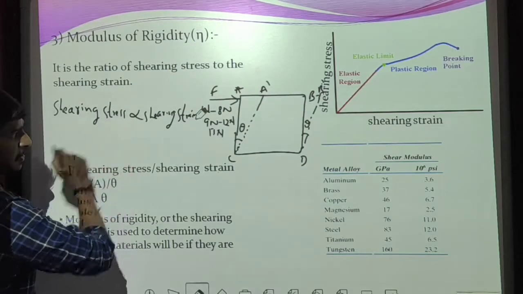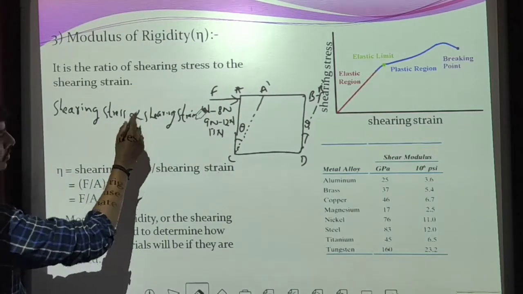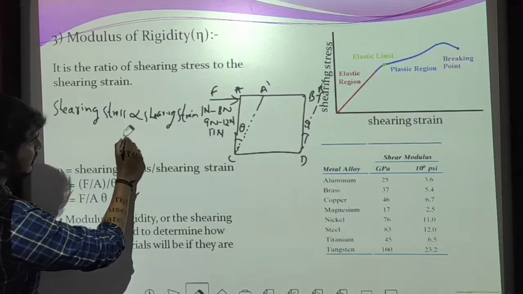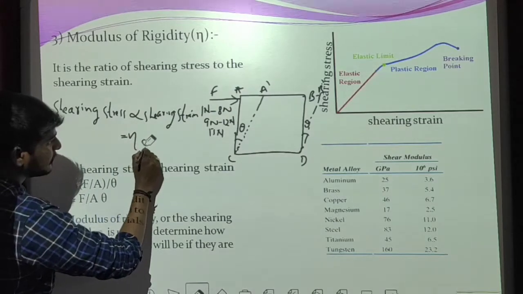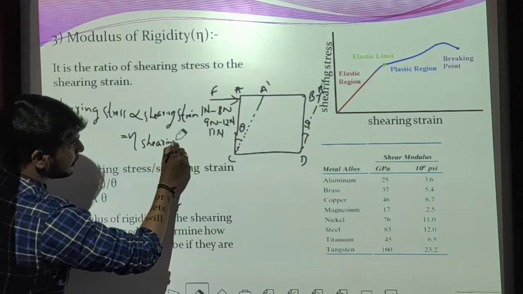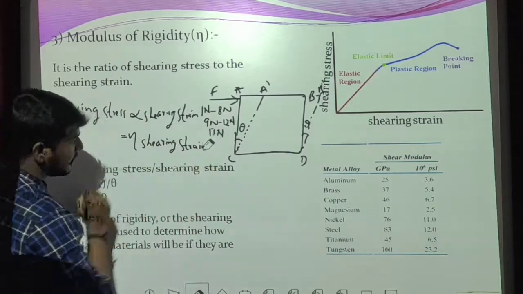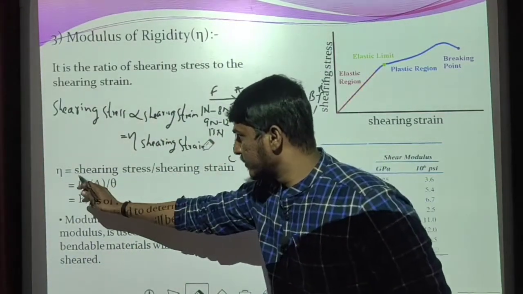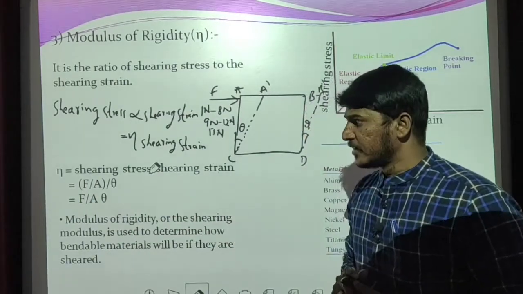We are going to remove this proportionality sign. In the place of the proportionality sign, we are going to add a proportionality constant, that is, shearing stress is equal to eta into shearing strain. Then if you interchange these terms, eta is equal to shearing stress by shearing strain.